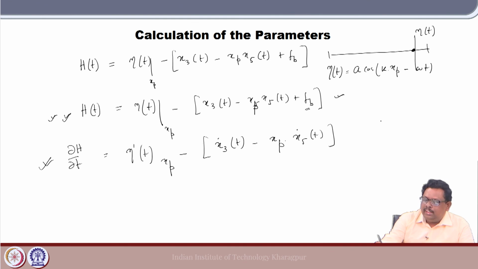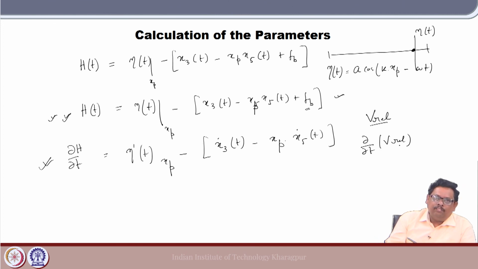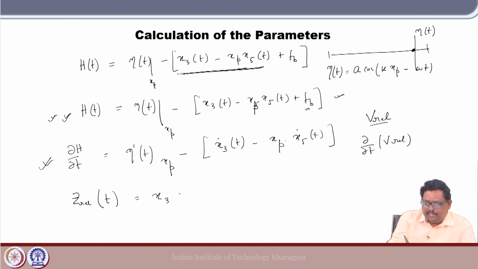Now, how do I calculate V relative and del t of V relative? If you remember, this expression is nothing but the relative displacement. I write the relative displacement z relative t, which is nothing but my x 3 t minus x p into x 5 t. So, this is my relative displacement.